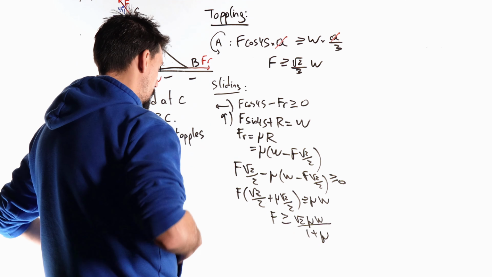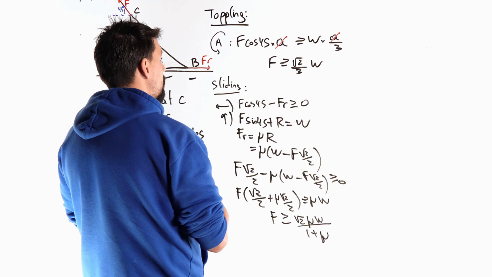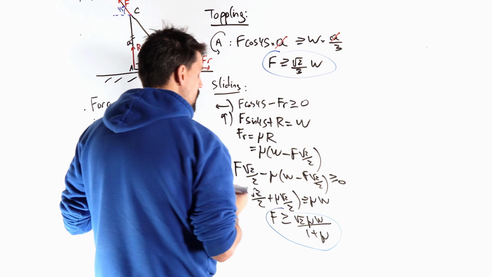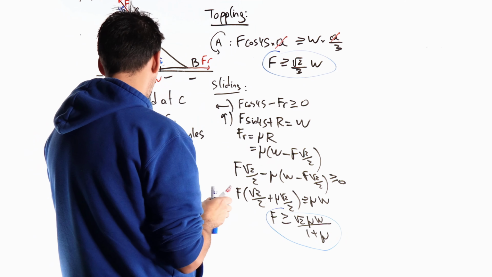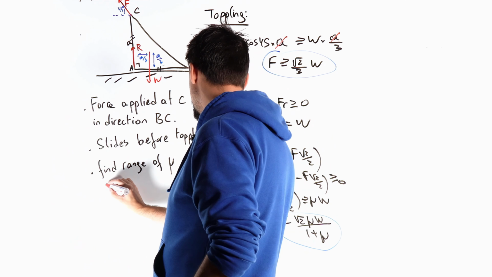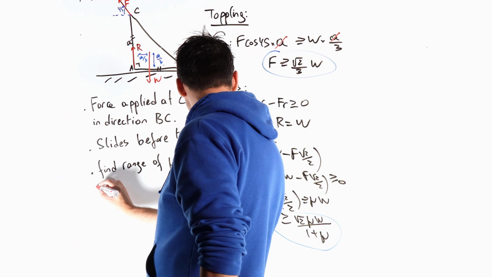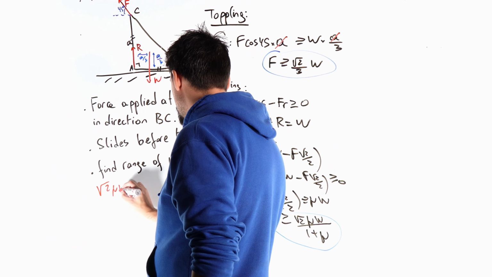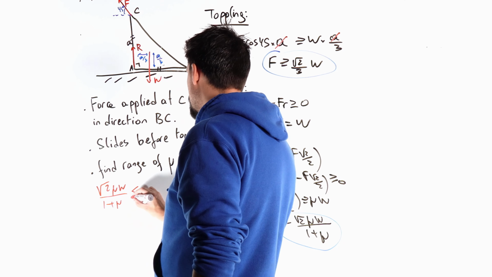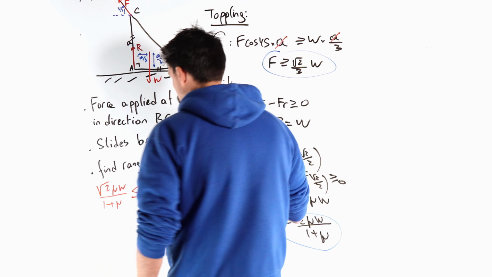Okay. So two important things here. If it topples, that's my critical value. If it's sliding, that's my critical value. So if we know that it's going to slide before it topples, that tells me that root 2 mu W over 1 plus mu, that critical value, is less than that critical value.